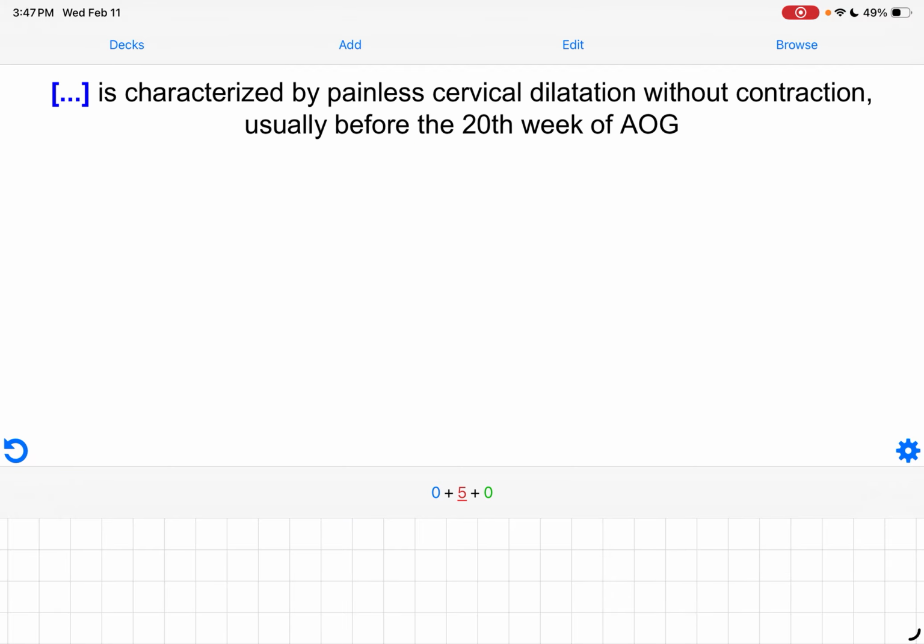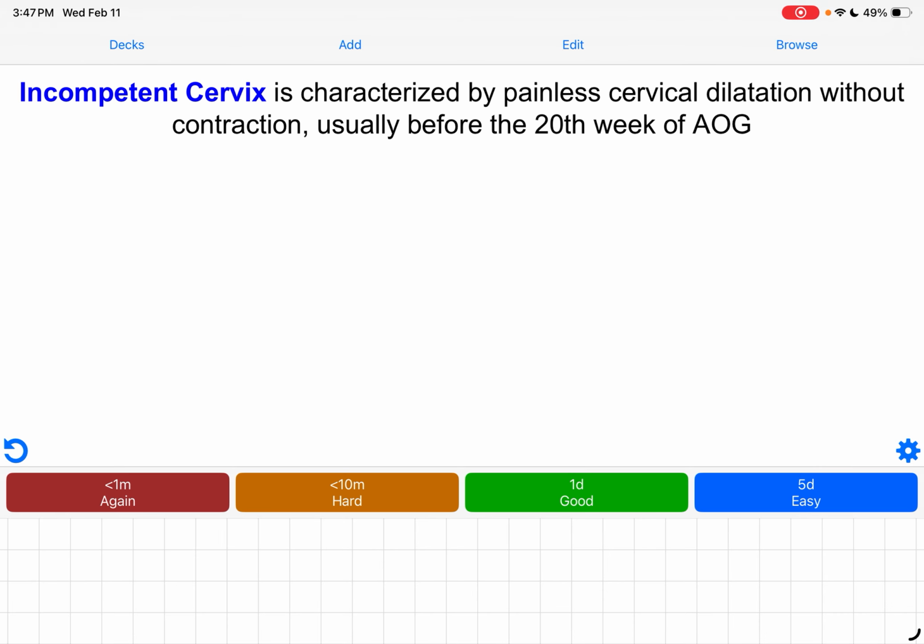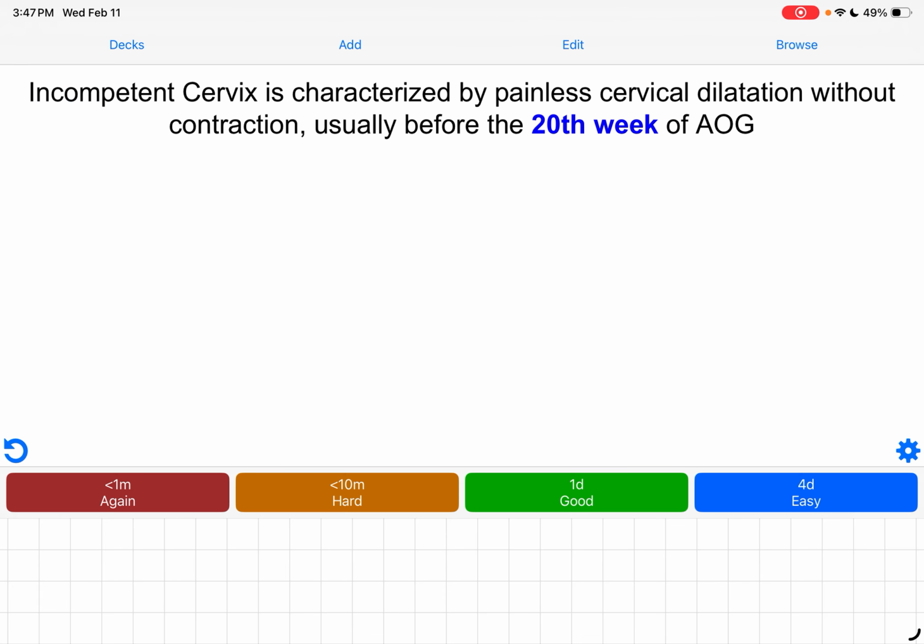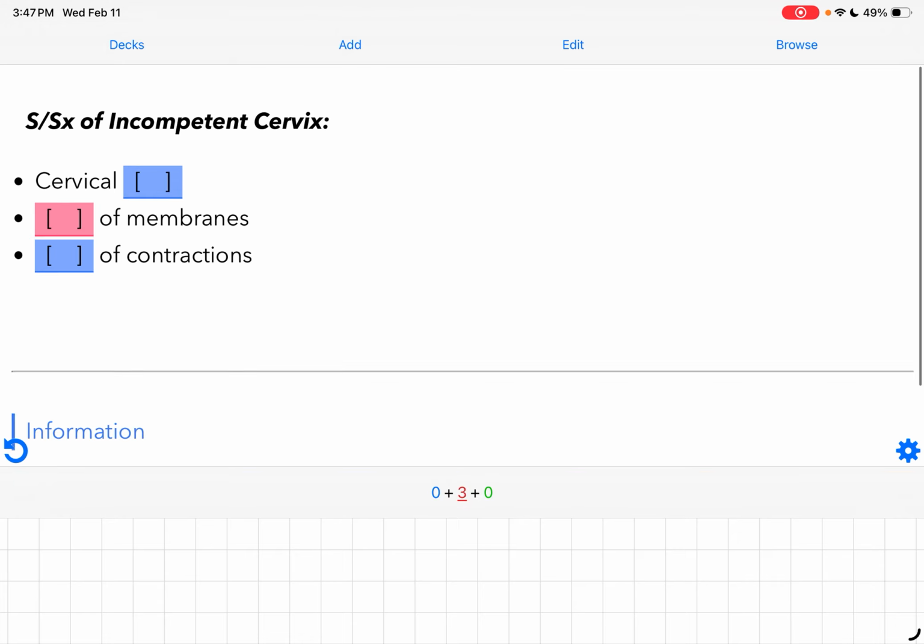Painless cervical dilatation usually before 20 weeks. It's before the age of viability because the mother dilates before 20 weeks of age of gestation.